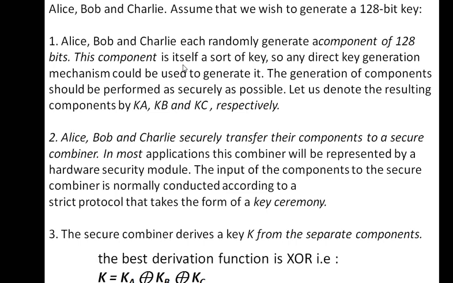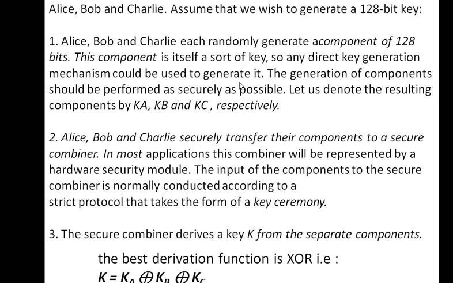This component is itself a sort of key, so any direct key generation mechanism could be used to generate it. The generation of components should be performed as securely as possible. Let us denote the resulting components by KA, KB and KC.